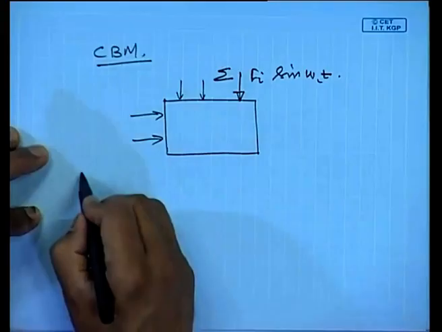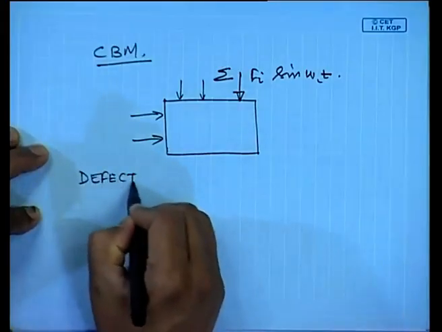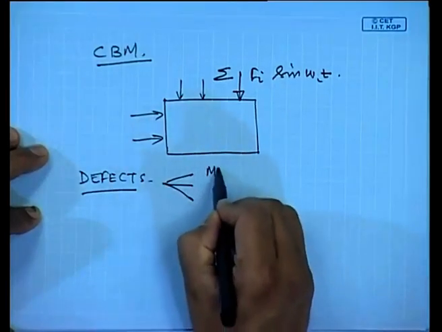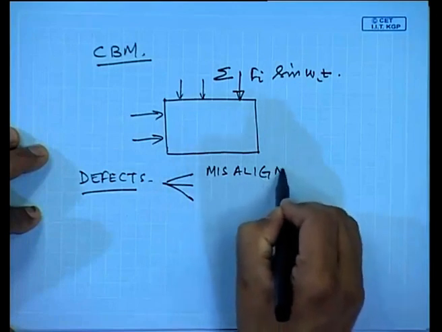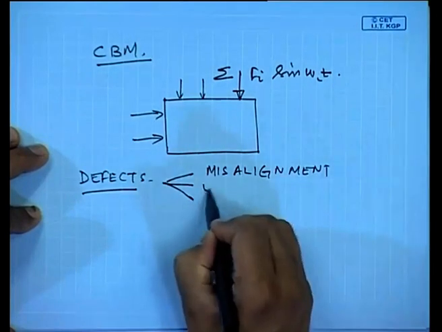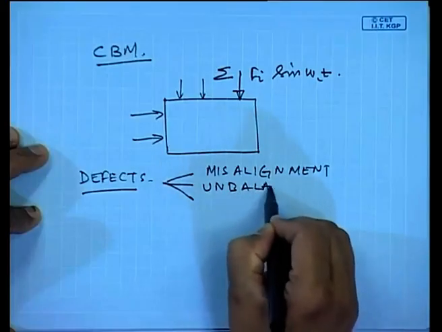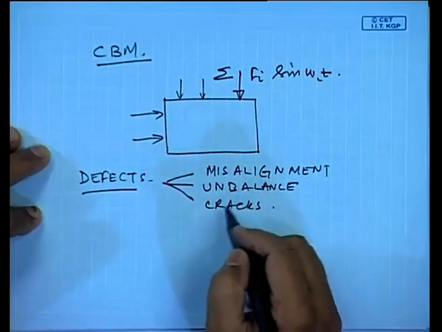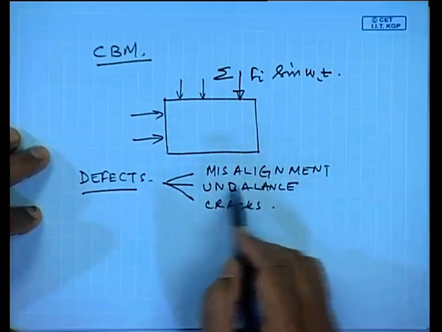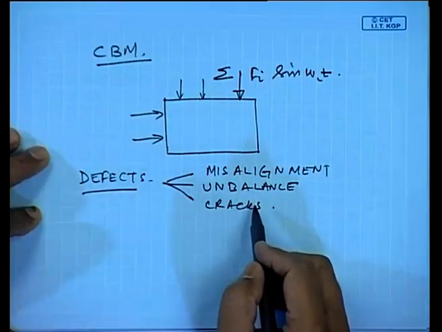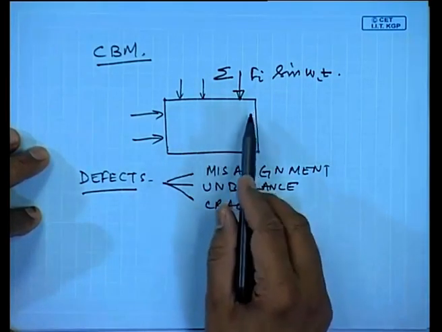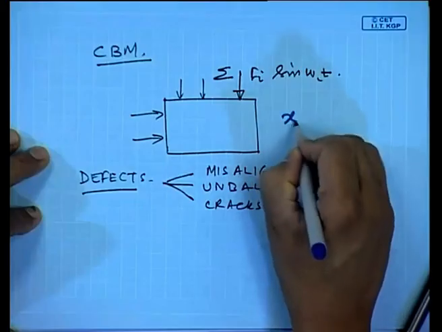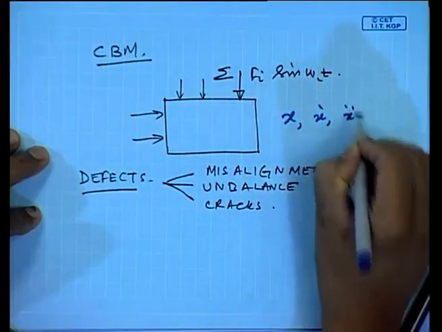which could be because of defects in the form of misalignment in the system, unbalance, cracks, etc. You will see later on that these defects which happen in a machinery give rise to certain forces, and these forces are actually responsible for generating the response, either in the form of x, x dot or x double dot.